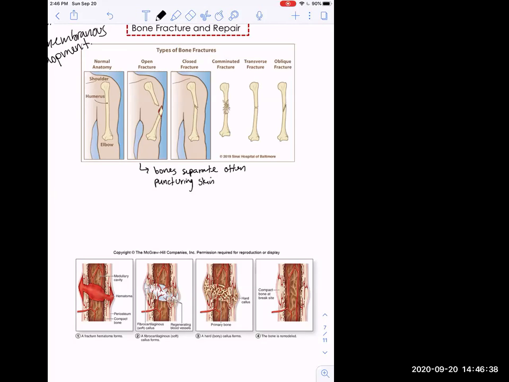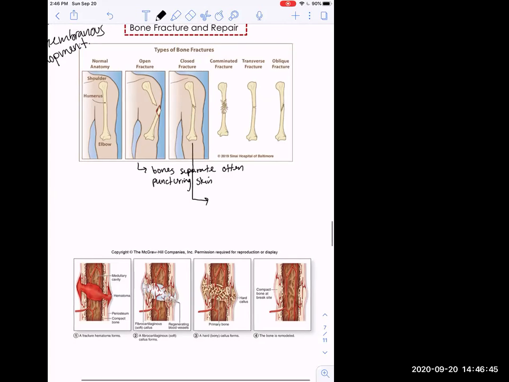In a closed fracture, the bone break doesn't penetrate the skin. You can also get the term hairline fracture, which I know you guys have all heard.